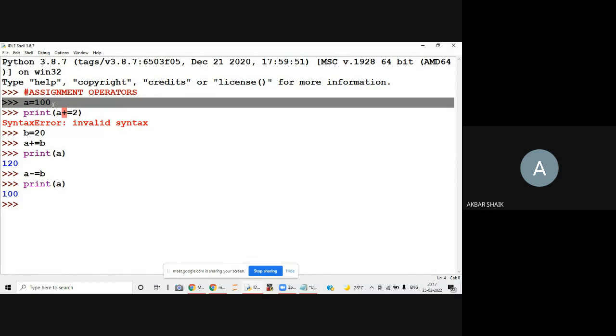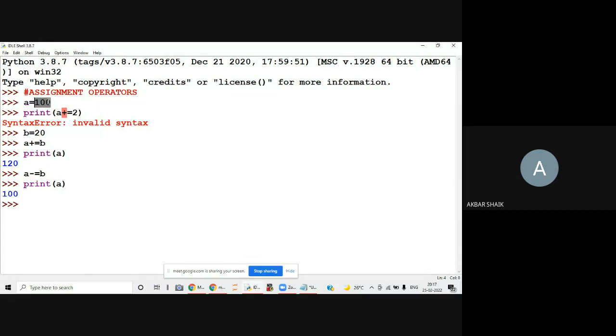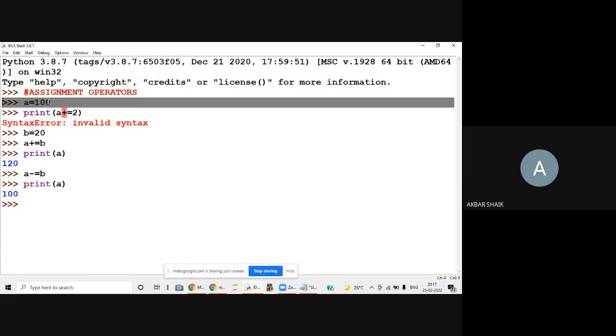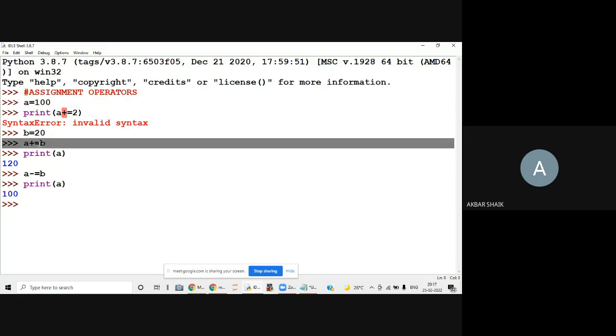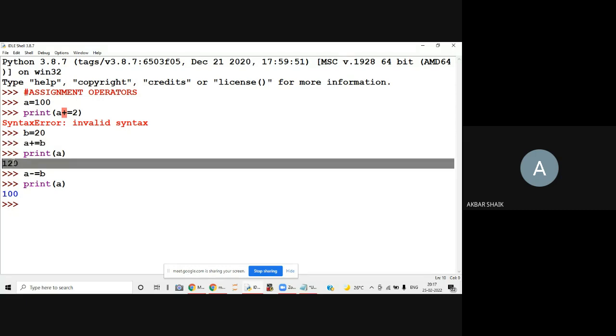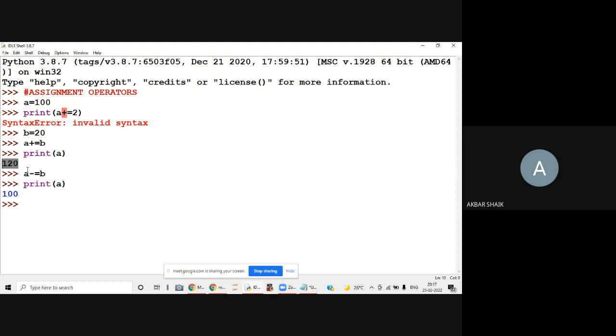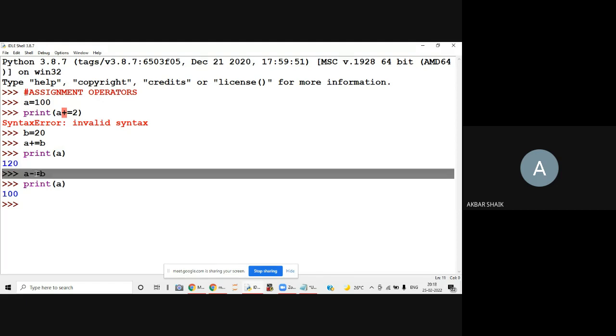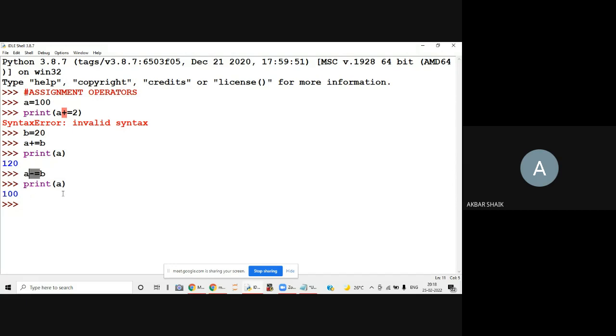Initially I took 100, but after that I am doing addition assignment, right? After doing addition assignment, A value is changed. A value becomes 120 here. Then again we are doing a subtraction assignment, which means 120 minus 20. That's why A value becomes 100 again.